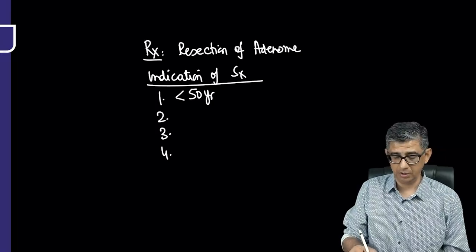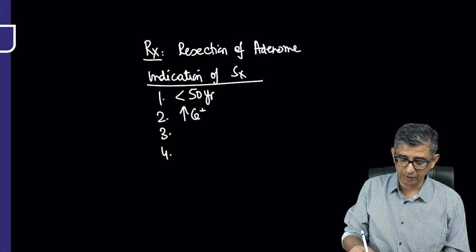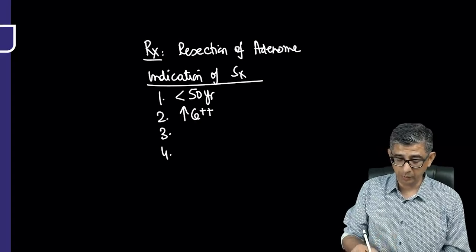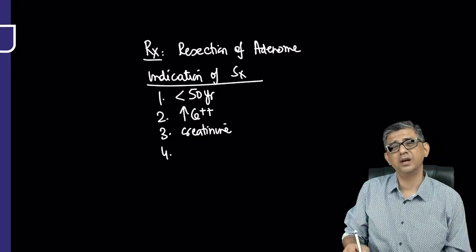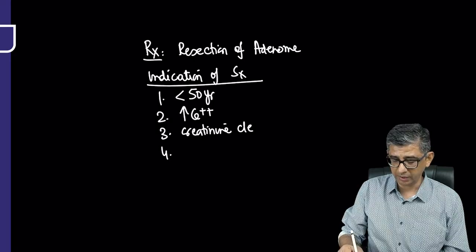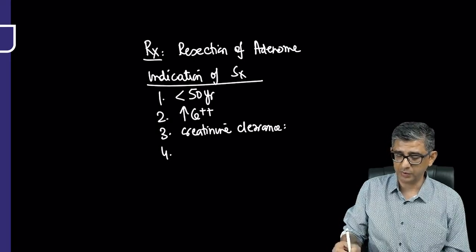But in a younger patient, if you're documenting that there is an elevated calcium which is contributing to damage to the kidney, how do I know that damage to the kidney is there? I'll get an eGFR calculated or I'll get a creatinine clearance done in the patient.